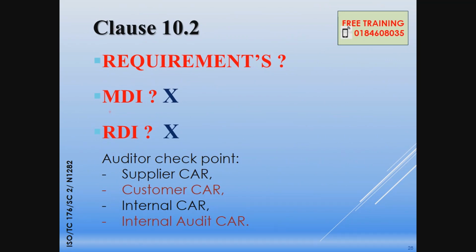So what is the requirement? Very simple. During internal audit or external audit, the auditor will look for any supplier CAR, customer CAR, internal process CAR, and internal audit CAR. Then you check the result.